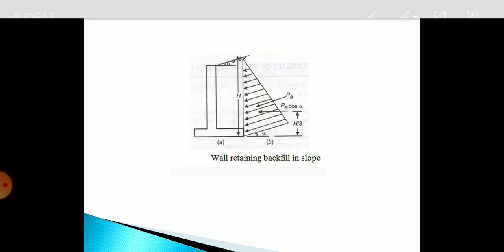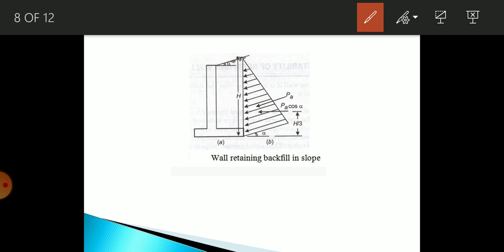The next case is the retaining wall with sloping backfill. That means this backfill is not horizontal, it has a slope, and the angle of that slope or surcharge is denoted by alpha. In this diagram it is denoted by alpha.